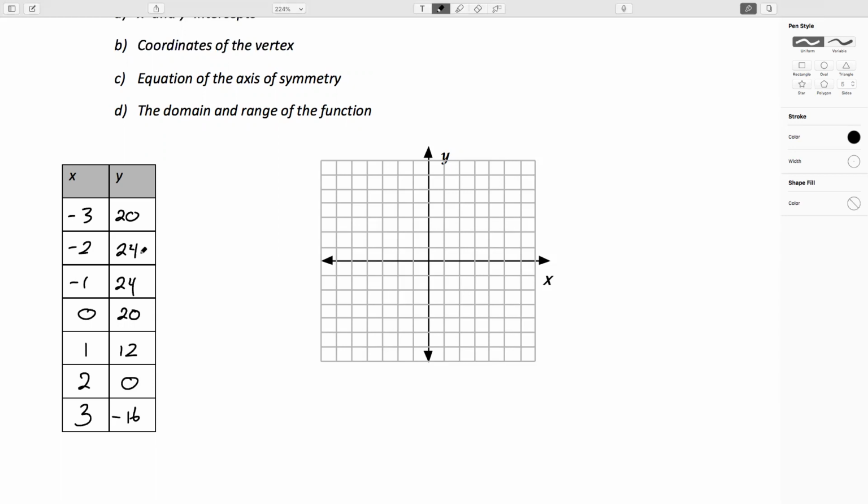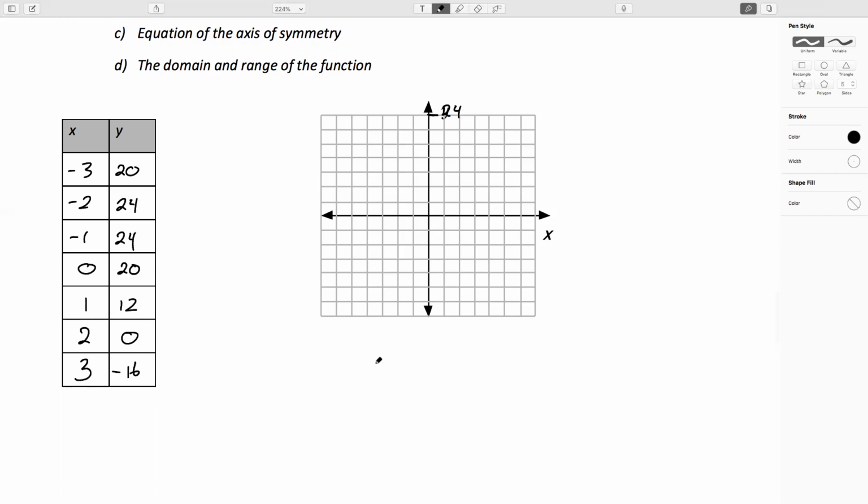Let's make them all 3. So it'll go up 3, 6, 9, 12, 15, 18, 21, 24. That way the top point is going to be 24. We don't have to do it this way, but it's an option.